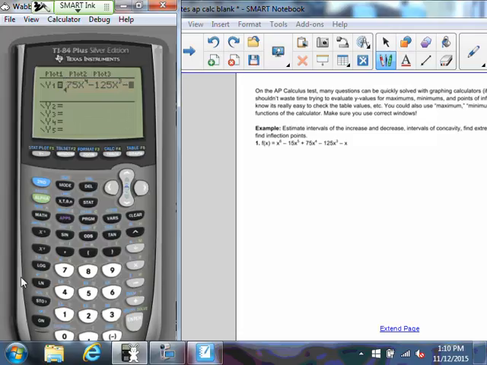Okay? If you need a calculator, I have one on the front desk too. All right, and we hit graph. And let's say you're on your normal Zoom 6. Okay, you're on your standard window, so most of you guys are on that.